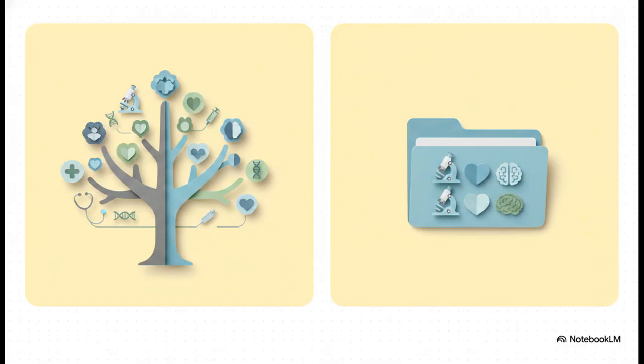Now, when we compare two absolute heavyweights in clinical terminologies, SNOMED CT and ICD, the differences in clinical nuance really become clear. SNOMED CT is an ontology specifically designed for the point of care. It offers incredibly granular, hierarchical clinical detail, so it can separately code something like type 2 diabetes mellitus and diabetic nephropathy and actually link them together with causal relationships.